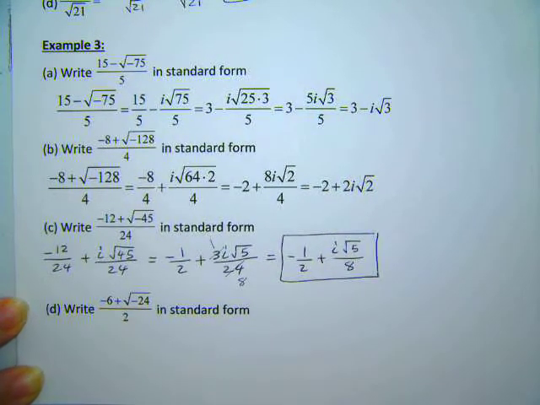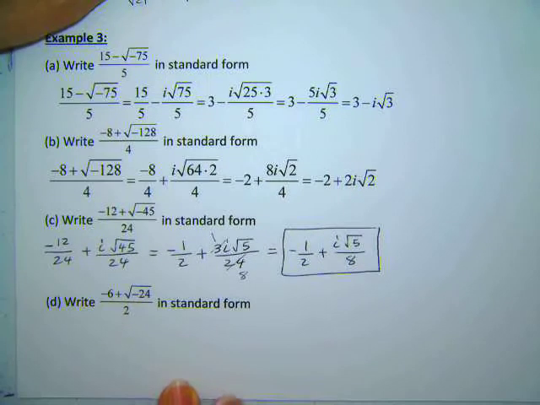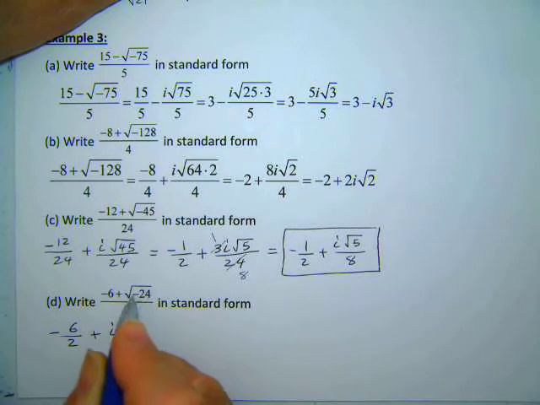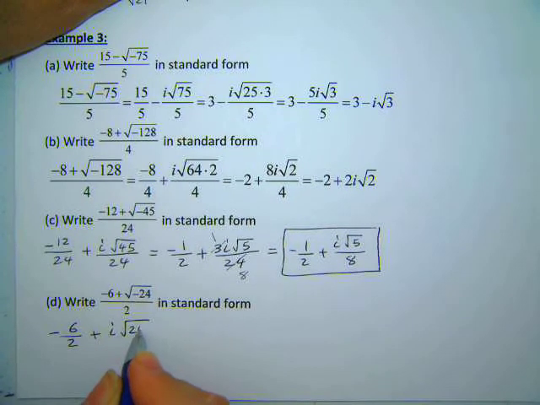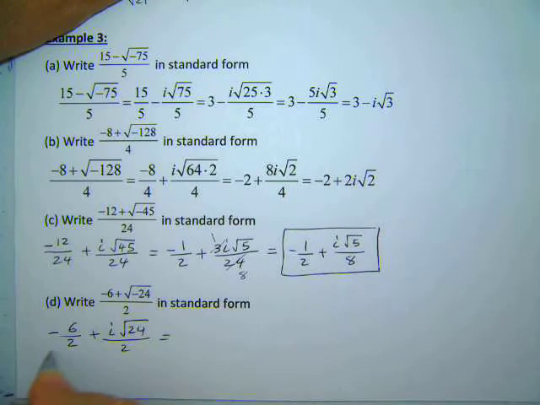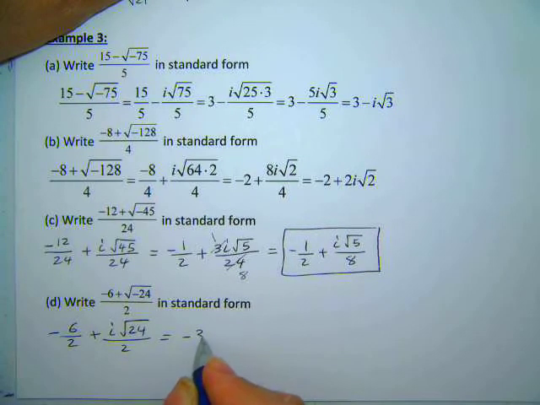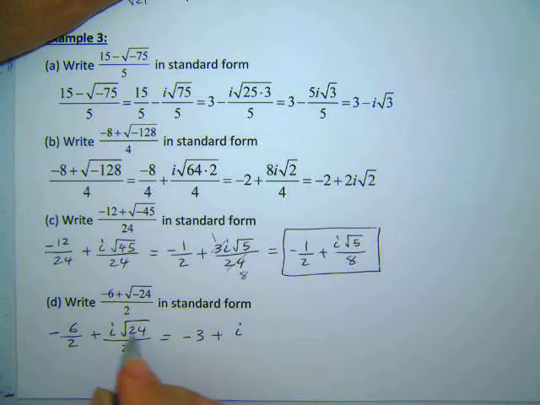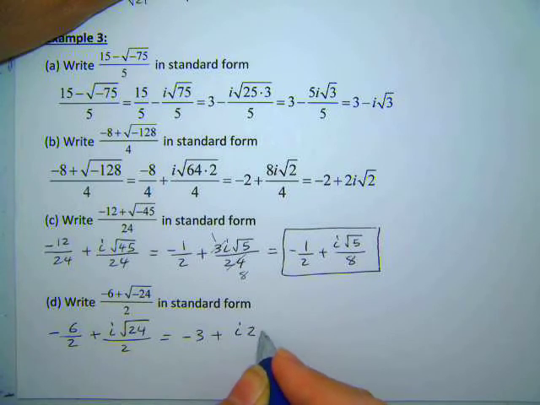Okay, let's do another one. This one, separate again: negative 6 over 2 plus, I see it already, square root of 24 over 2. Divide, you're going to get negative 3 plus i. 24 is 4 times 6, and the 4 comes out as 2.